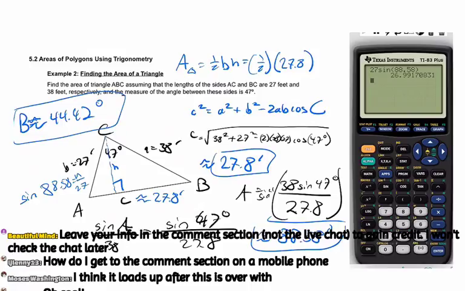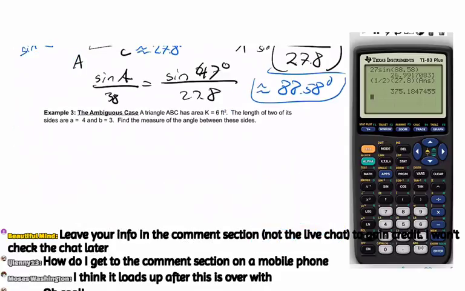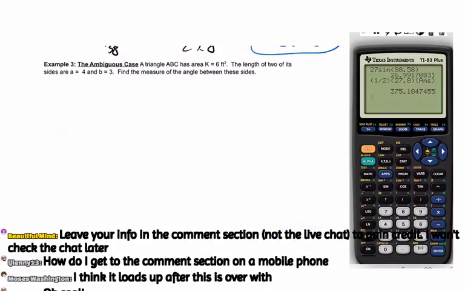If the base is 27.8 and the height is that answer, we get an area of about 375.2 feet squared, something close to that. It's an approximation. So that's just to close out that last question that we didn't finish in class. Now we're here on this example.